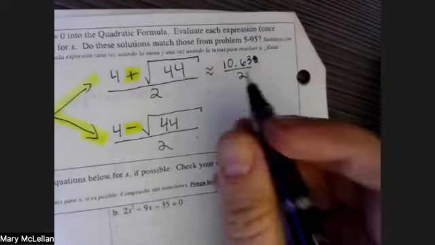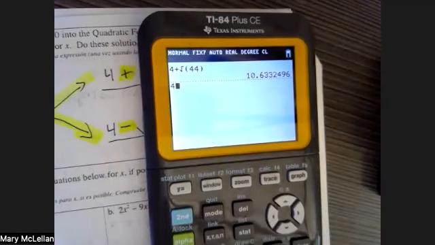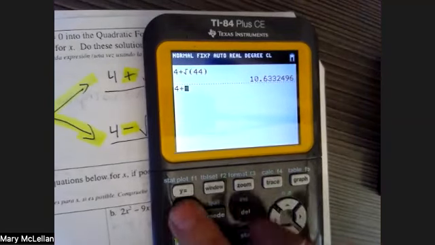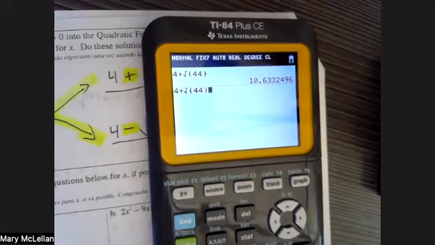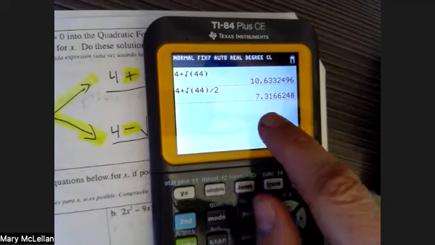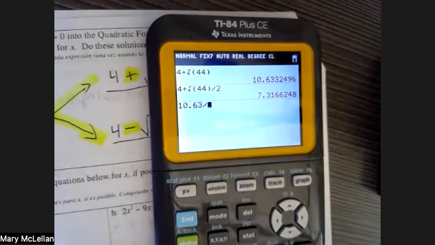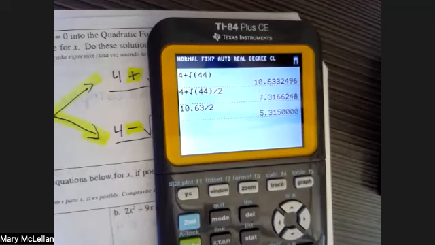Then 10.63 over 2. I leave the over 2 till last. The reason is because if I press 4 plus square root of 44, and then I divide by 2, I get 7.31. But if I do 10.63 divided by 2, I get 5.31.